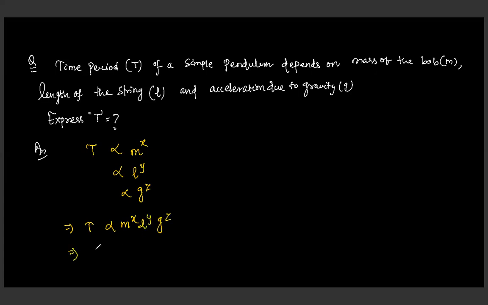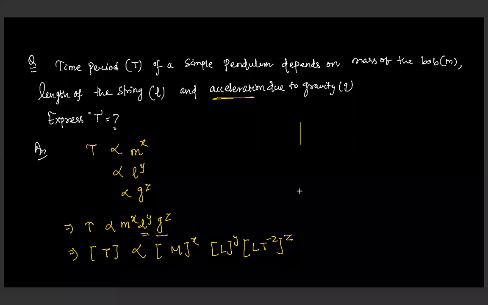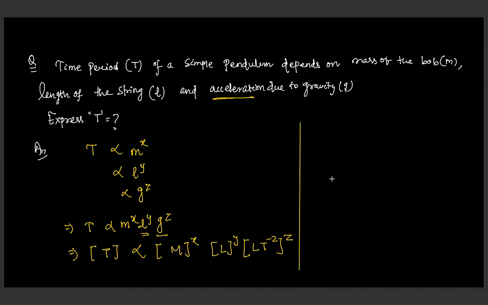So let's write down the dimension of time period. It is capital T, proportional to the dimension of mass, M to the power x. Dimension of length is L to the power y. And the dimension of g is L T to the power minus 2, because this is an acceleration. Acceleration has a dimension of L T^-2, to the power z. In the next step, on the same page, we can combine all these things on the right hand side.